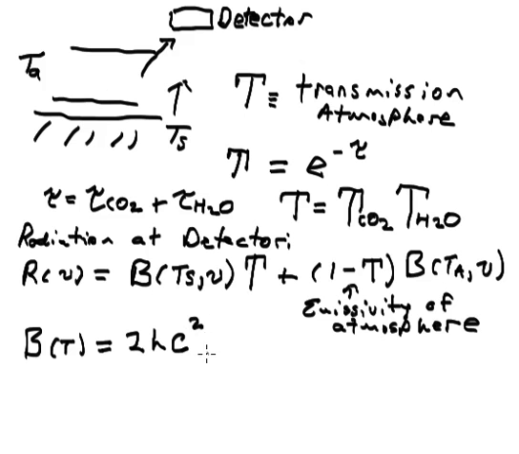Then we're going to put in the wave number to the third power and divide by e to the hc times wave number divided by kT, and subtract off 1 from that.